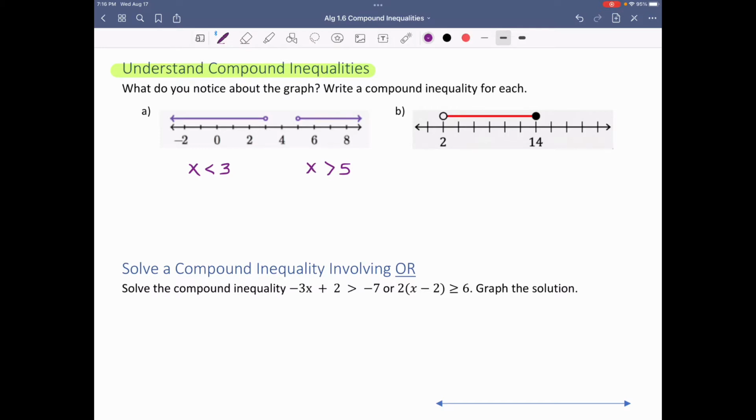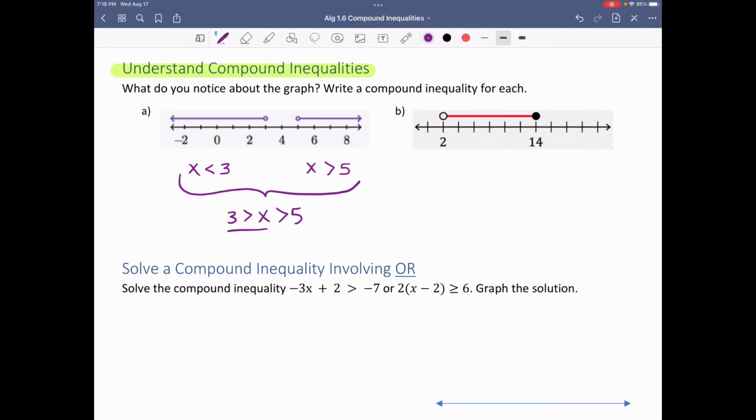As a compound inequality, we are going to put those together and combine them with x, and then x is greater than 5 will go here, the 3 will go here, but we're going to write the less than backwards because we're reading this part backwards from x is less than 3.